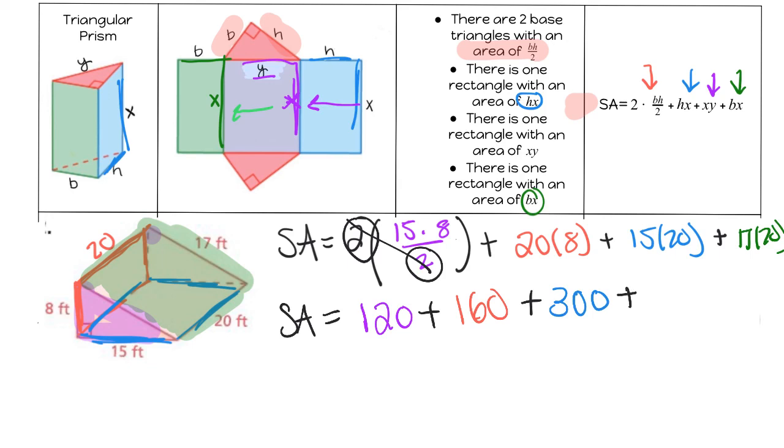Plus 17 times 20, which is 340. So I'm going to add those together, 120 plus 160 plus 300 plus 340. So my total surface area of the triangular prism is 920 square feet.